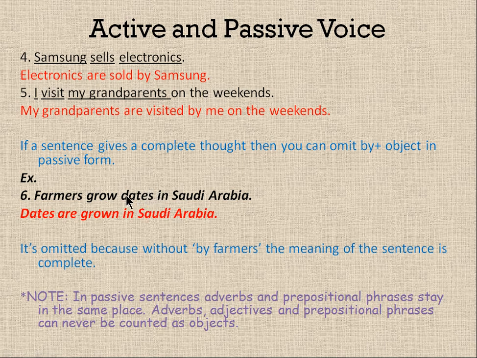Dates is the object, so it will take the subject place. Dates are grown in Saudi Arabia. We have omitted by farmers here in this sentence. Why? Because it can give a complete meaning. The thought is completed here. So it's omitted because without farmers the meaning of the sentence is complete.